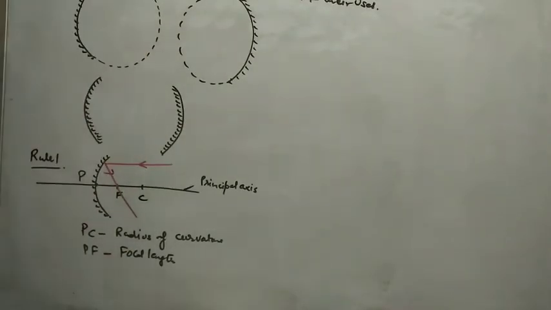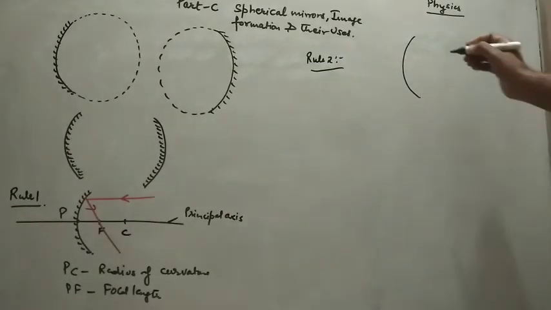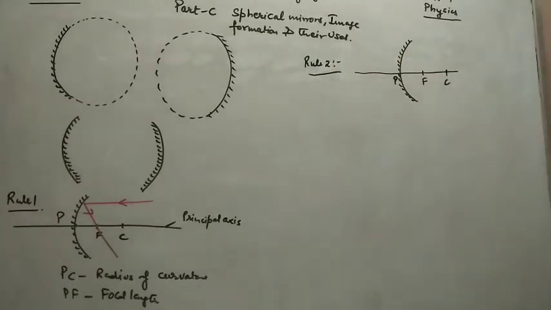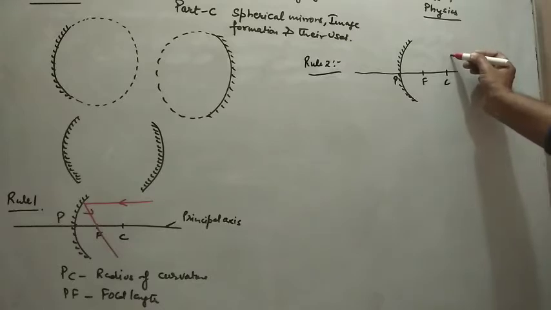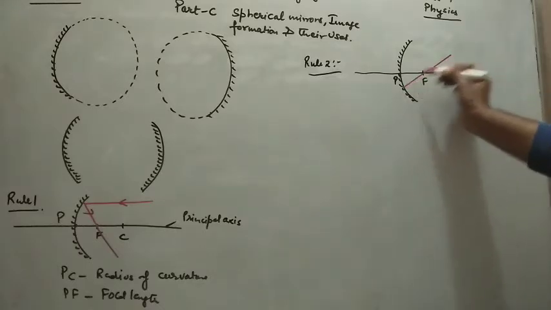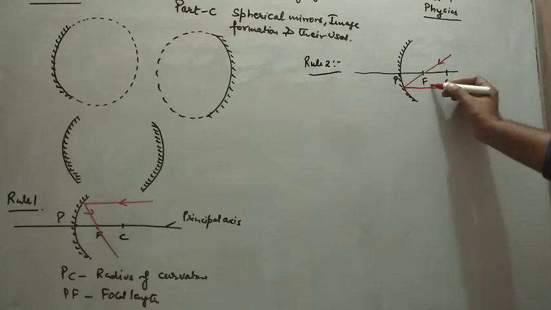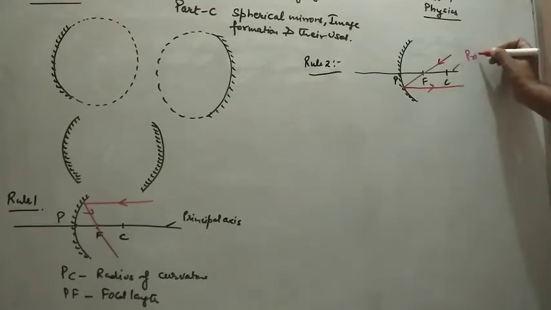Second rule is the ray which is passing through focus, after reflection it will go parallel to principal axis.